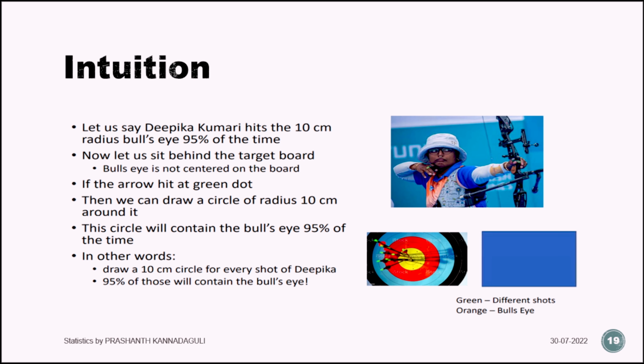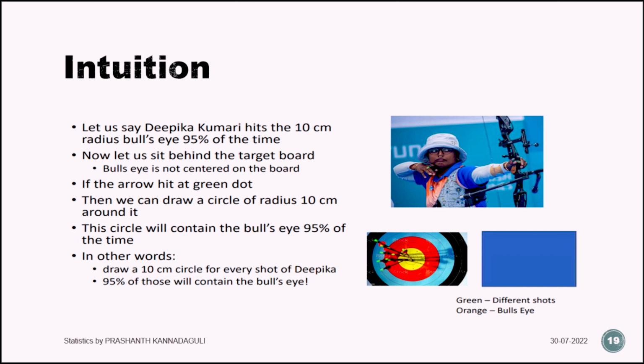Pointing count will happen according to that. So let us say there is an innermost small region of the circle, the yellow region. You can open any other bigger pictures to visualize this clearly; I just pasted a small copy. At the center, there is a 10 centimeter radius bull's eye.